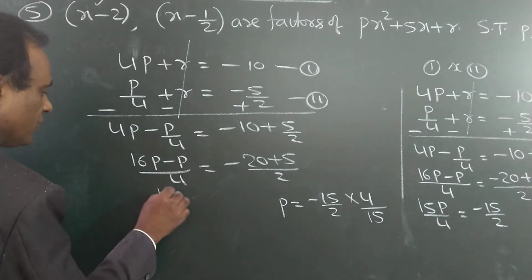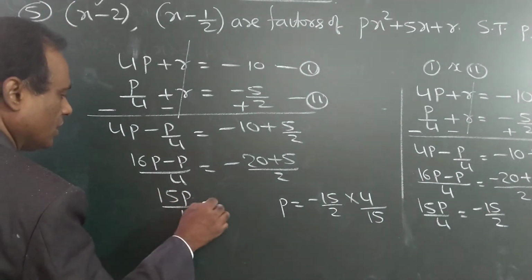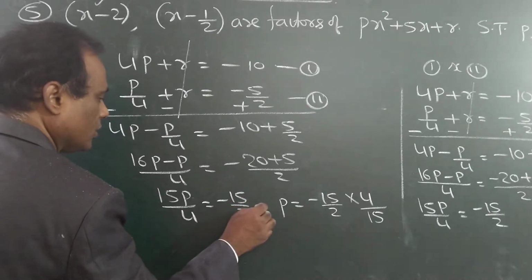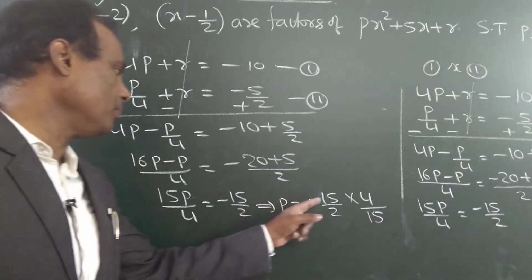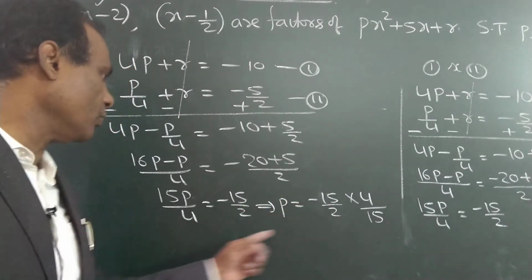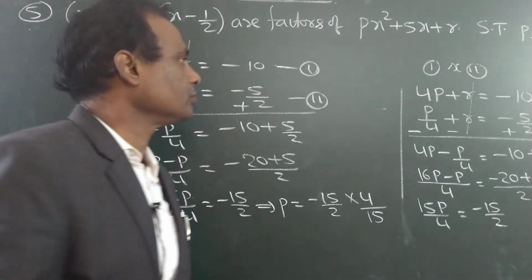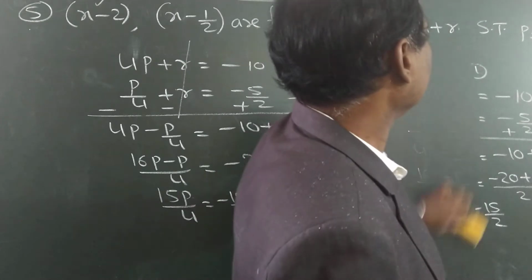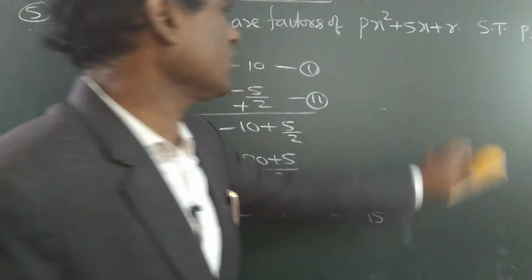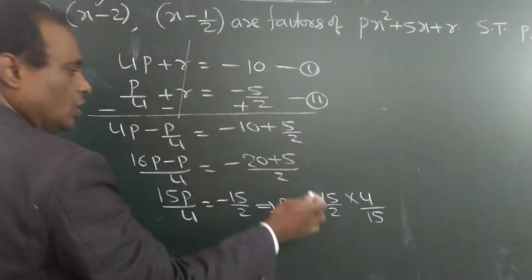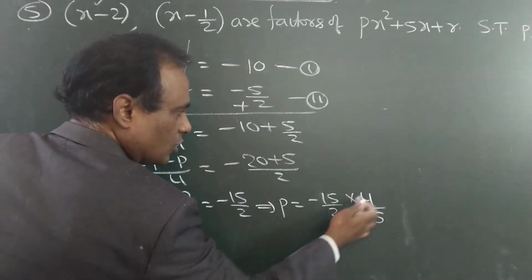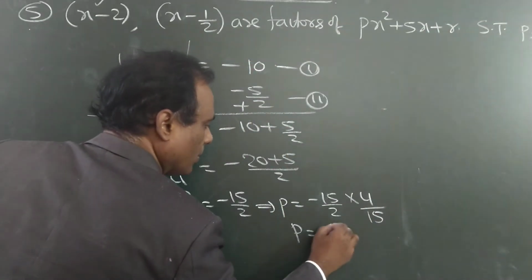This is 15p by 4 is equal to minus 15 by 2. That implies p is equal to minus 15 by 2 times 4 by 15. Once again, 15 cancelled, 2 twos are 4, so p is equal to minus 2.